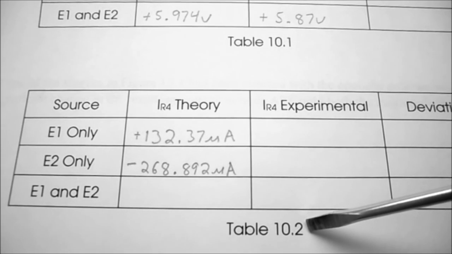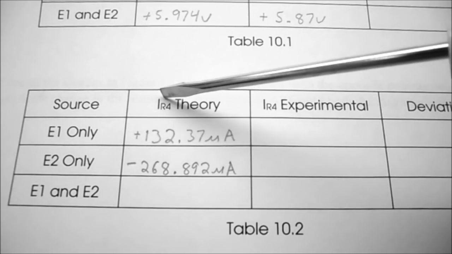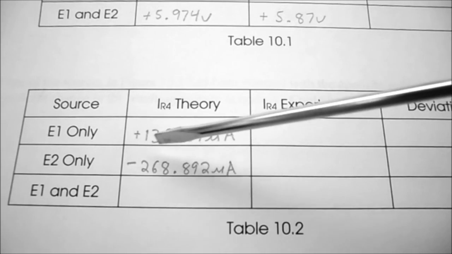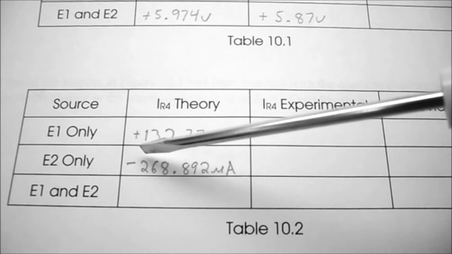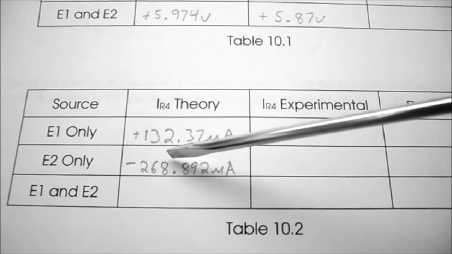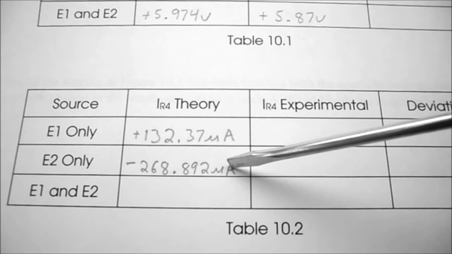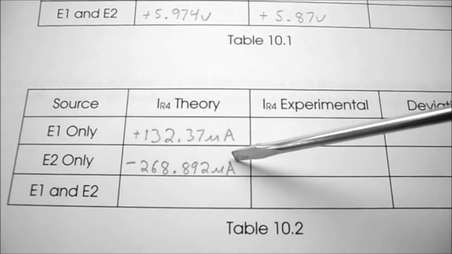So in table 10.2, for R4 theory, E2 only, I've recorded minus 268.892 microamps. Remember, the sensing arrow is in opposite direction to the flow of the current that we just calculated.